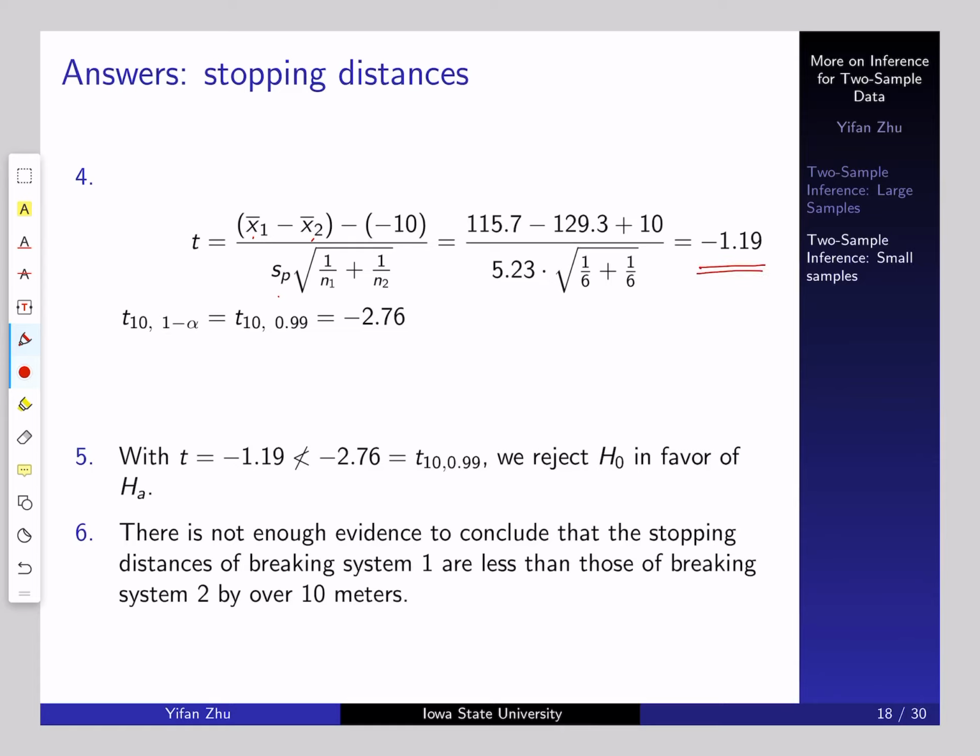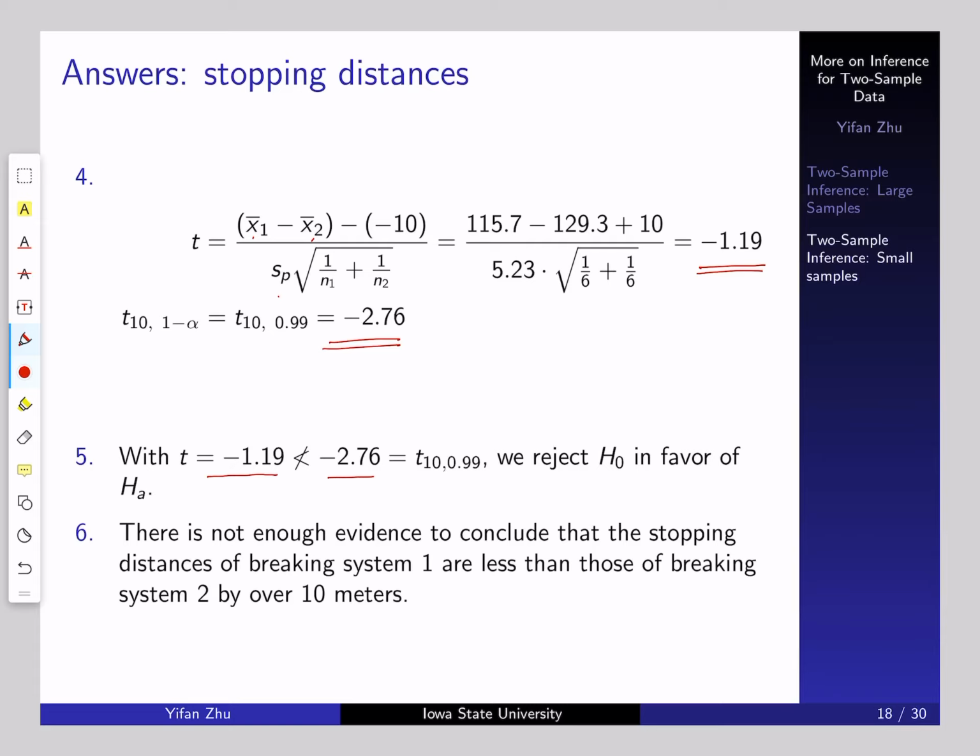The observed test statistic is negative 1.19, and the critical value is negative 2.76. So when you compare the observed t and the critical value, you find that the observed one is not smaller than the critical value.